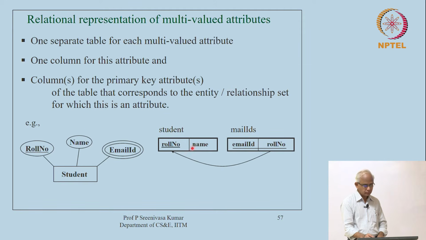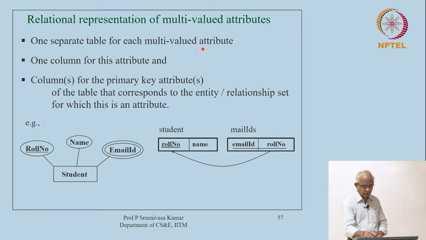Okay. So, one column for this attribute. What is that attribute? That attribute is this multi-valued attribute. So, one column for that, and then the columns for the primary key attributes. In general, there could be multiple attributes in the primary key. So, one column for each of those, corresponding to either the entity type or the relationship type for which we have this as a multi-valued attribute.